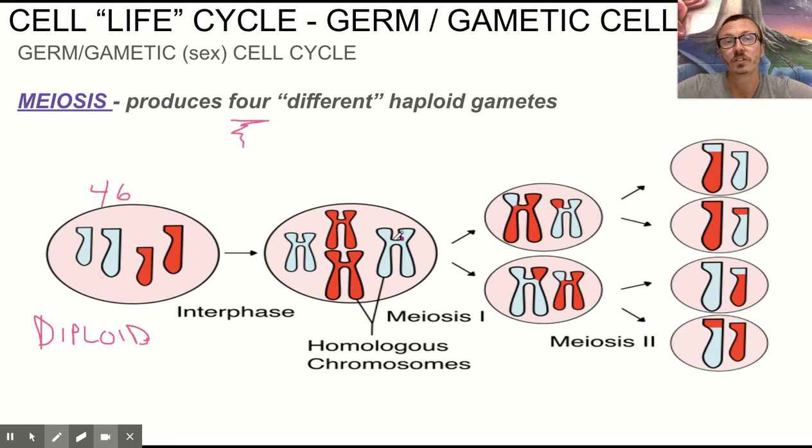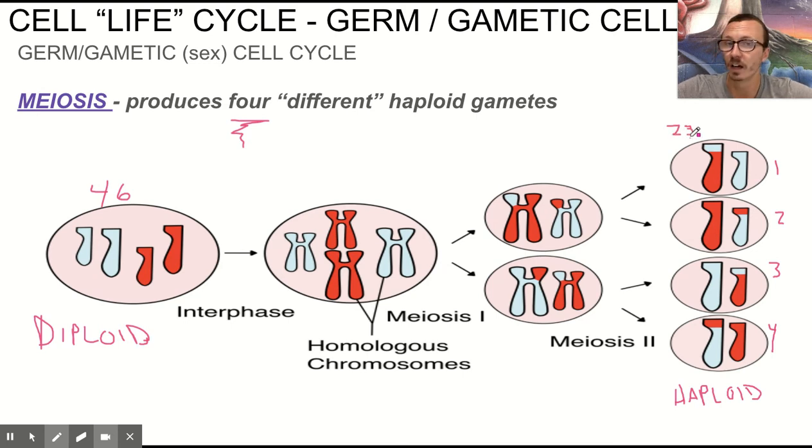So 2 sets of divisions, and we end up with 4, right? 1, 2, 3, 4 haploid gametes. So each of these is haploid, which means they only have 1 set, or 1 of each type of chromosome. And so for humans, these haploid gametes would only contain 23 chromosomes.